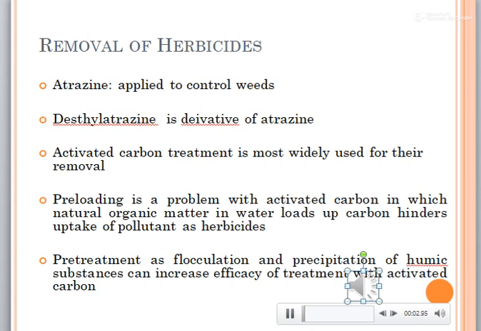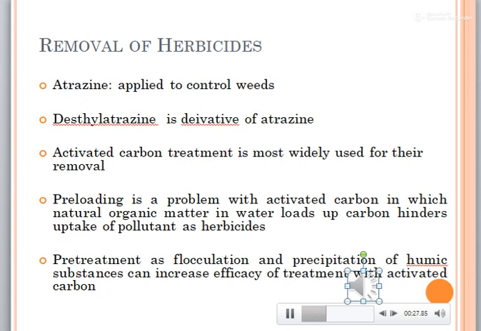Removal of herbicides. Because of their widespread application and persistence, herbicides have proven to be particularly troublesome in drinking water sources. Their levels vary with season, related to time, as these herbicides are applied to control weeds. The more soluble ones are likely to enter drinking water sources.